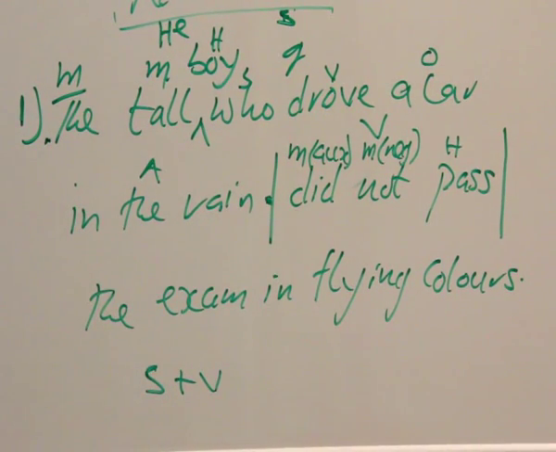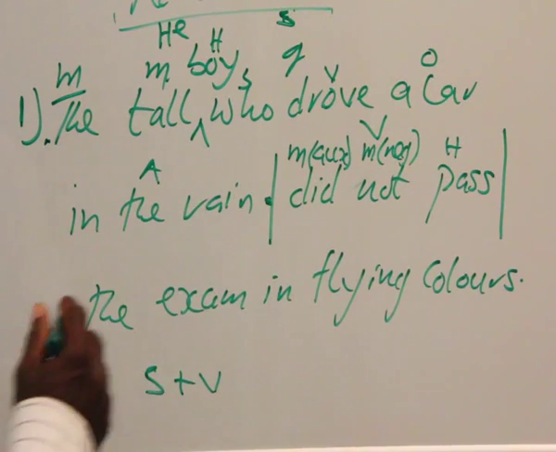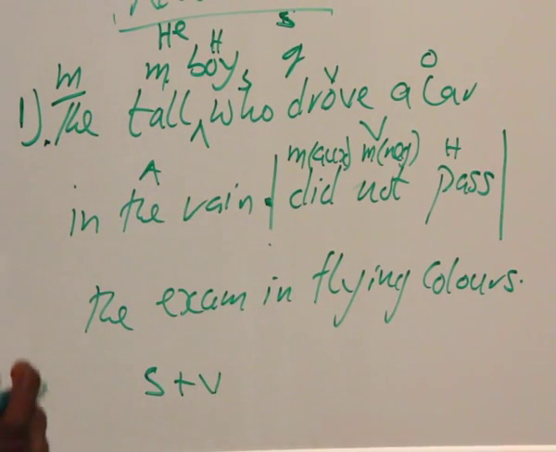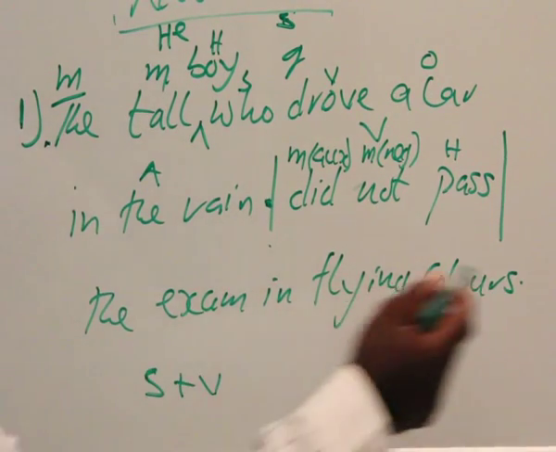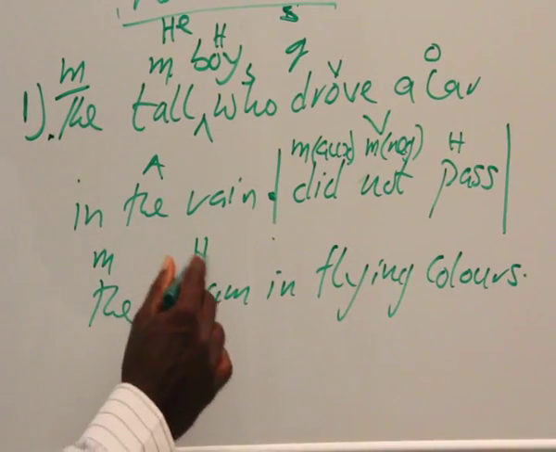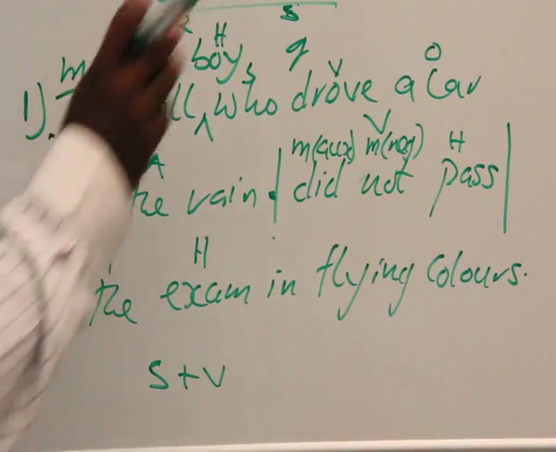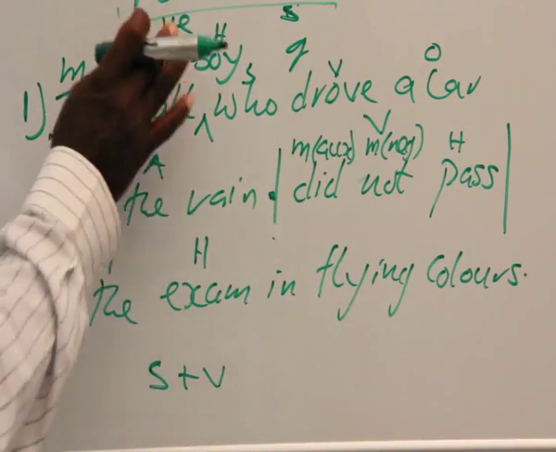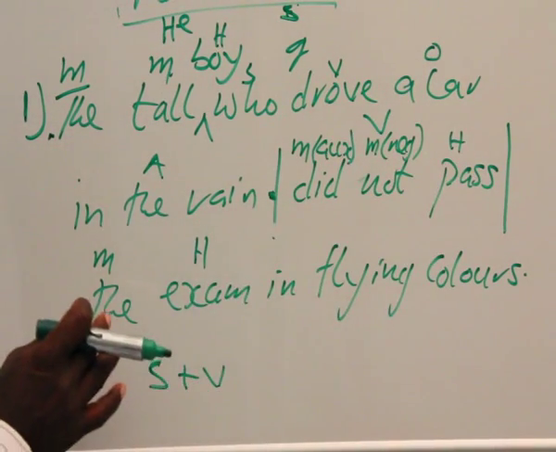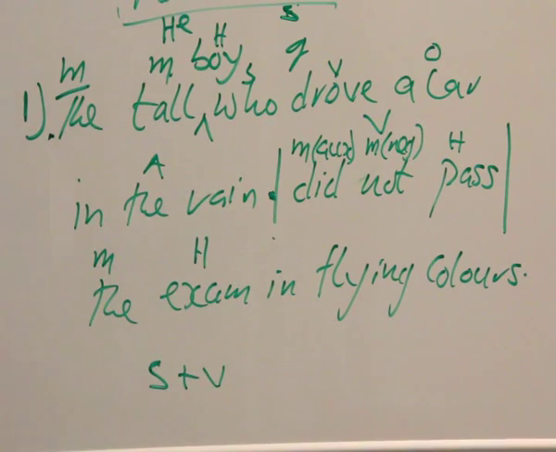So having said that, what about the remaining one? The remaining one, again, this is another noun phrase that has an M. The head is exam. So this sentence can simply be rendered he, if we want to make it positive, he passed the exam. So we're only adding modifiers and qualifiers.